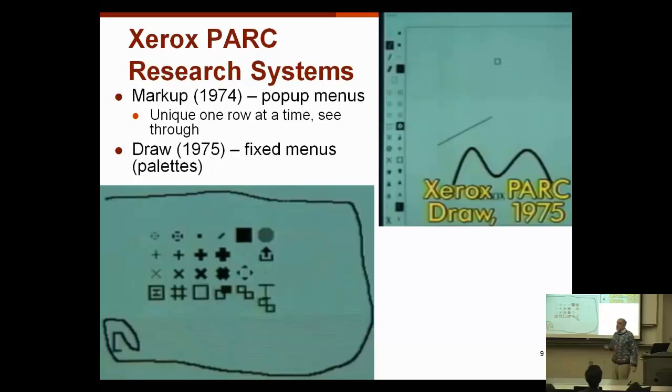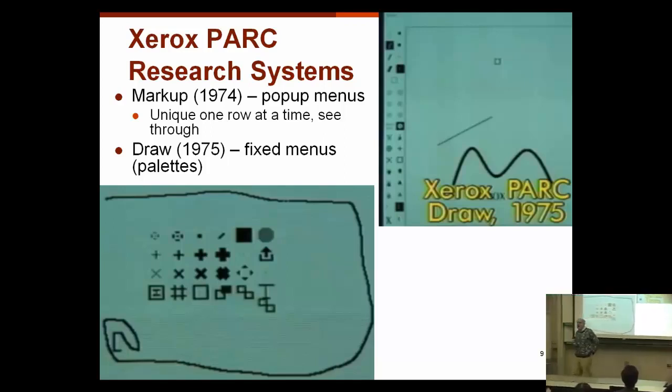Markup, which was invented by Newman Sproull when he was at Xerox. Markup is credited with the first pop-up menu, at least by '74, and it has this really bizarre way of popping up menus: when you click down, you got one row.